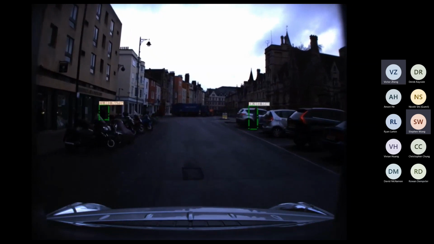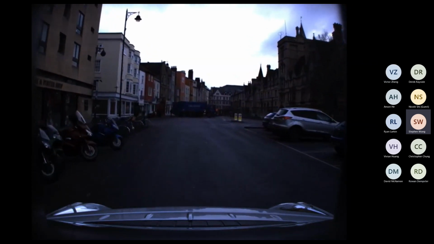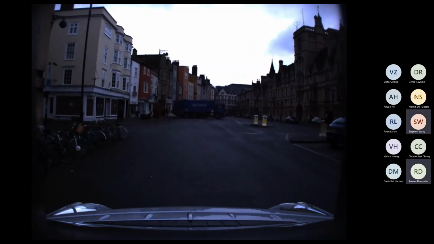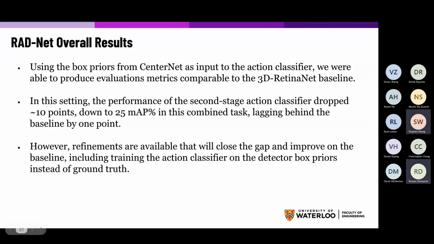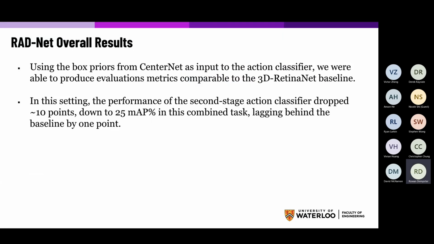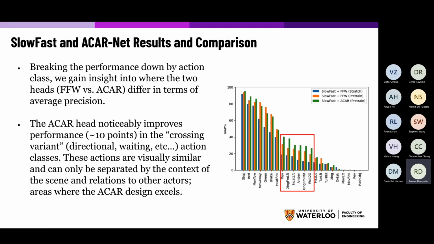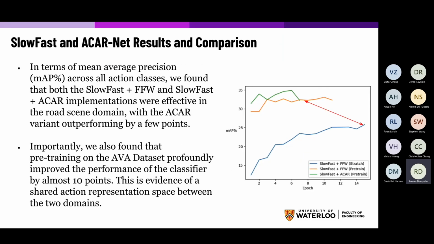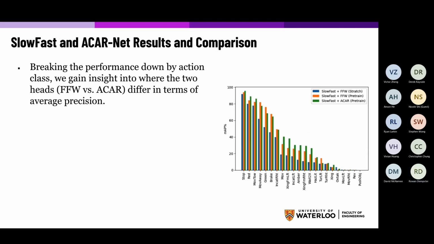Yeah. I'm pretty curious about what the inference performance was like. So, just isolating the action classifier with the ACAR head, we're able to get around 35% mean average precision across all of the classes.